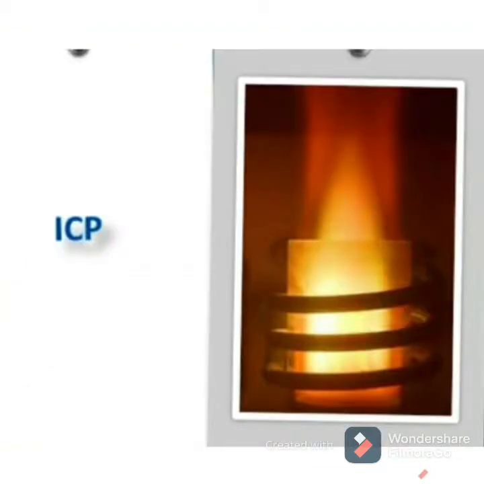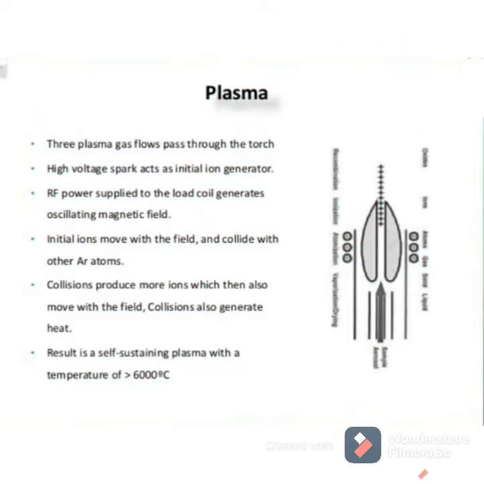Now I will introduce the ICP-MS parts. Which parts are we using in ICP-MS? First is plasma. What is plasma? I will define it. Plasma gas flows through the torch. A high voltage spark acts as the initial ion generator. RF, radio frequency power, is supplied to the load coil, generating an oscillating magnetic field.